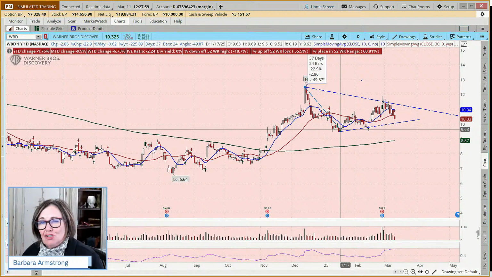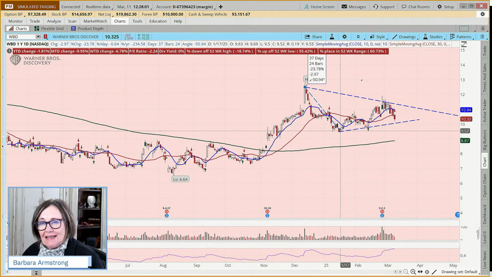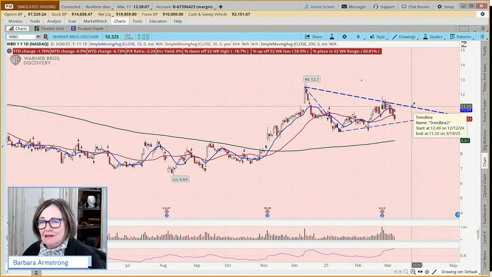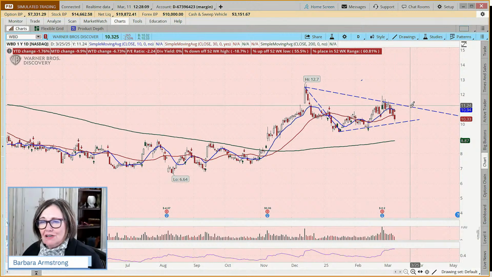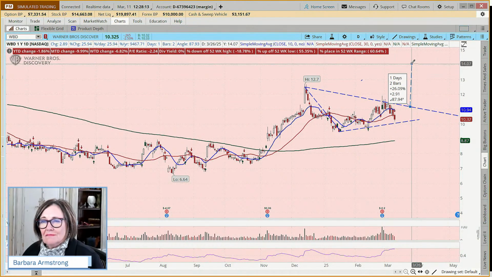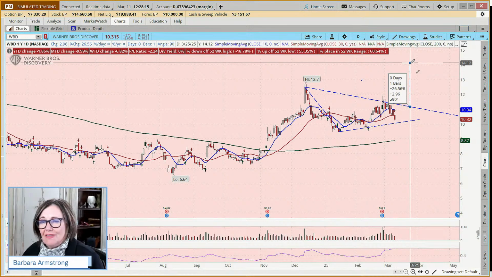So that's about a $2.86, call it almost a $3 move, 2.97. So could we come here, say, hey, if it breaks out, it could go up by 2.97. So could that be a target?